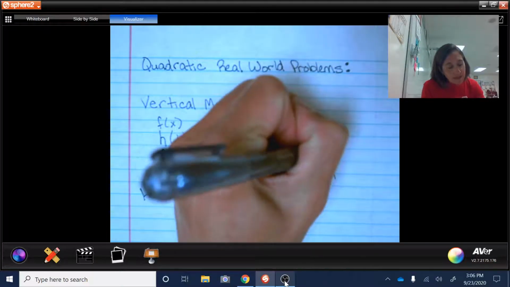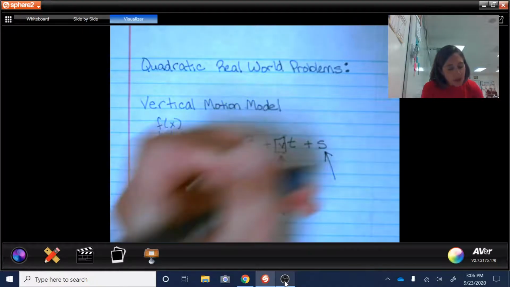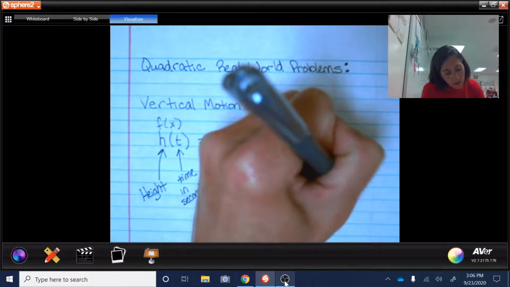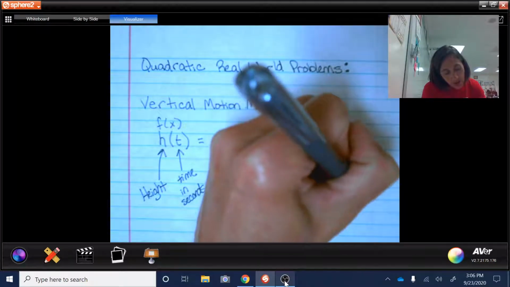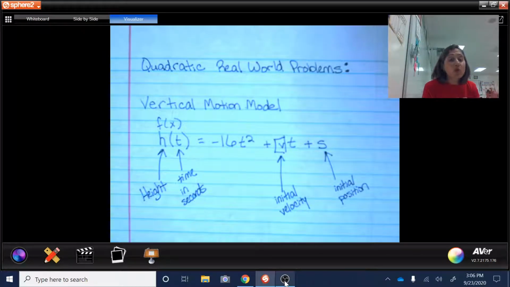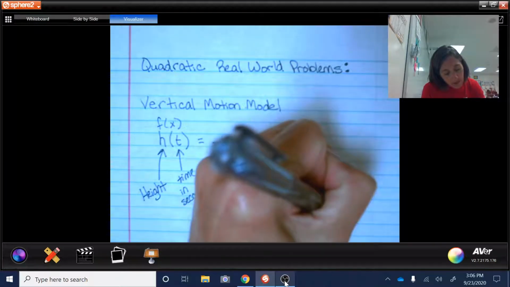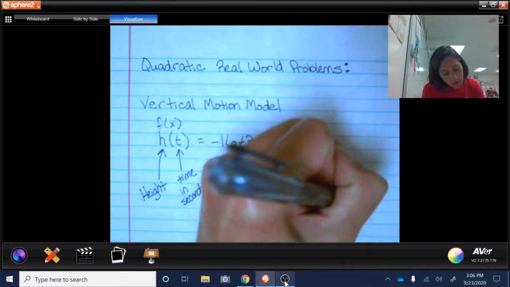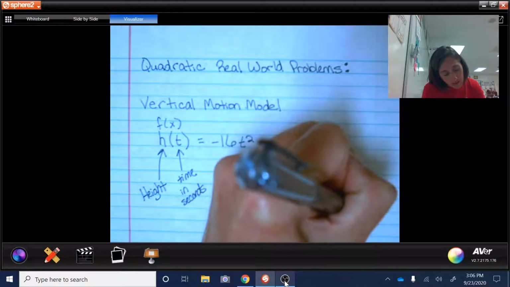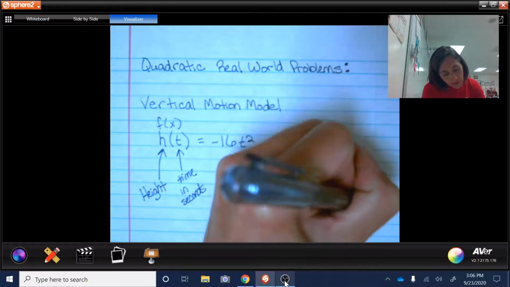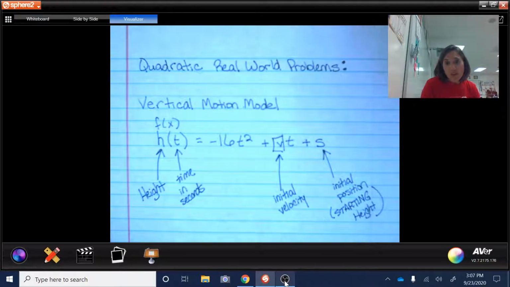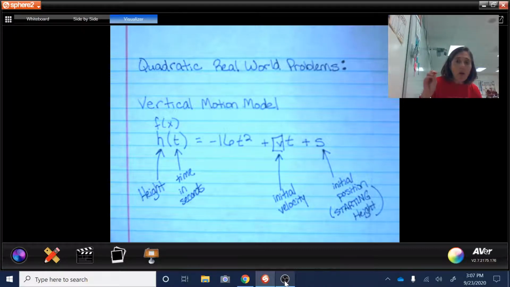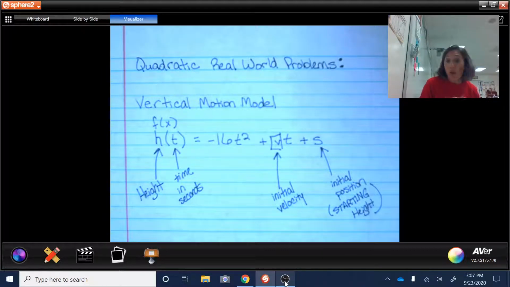And then s stands for initial position. You can think of it as s for starting height. So where do you start from? Well, it depends on the situation. If you are playing golf, and you're going to look at the height of the ball over time, then it starts out on the ground.